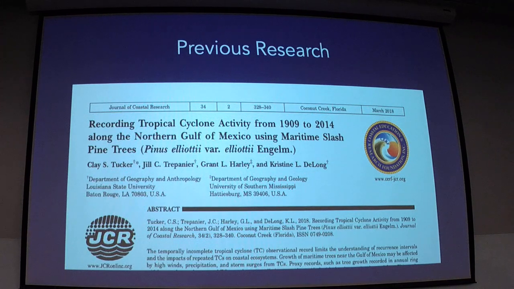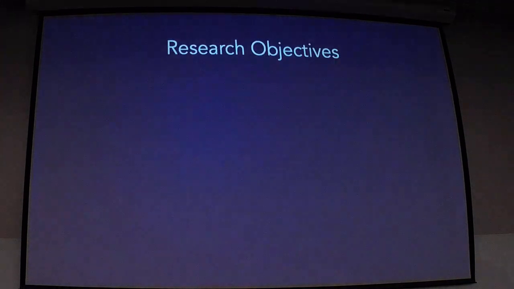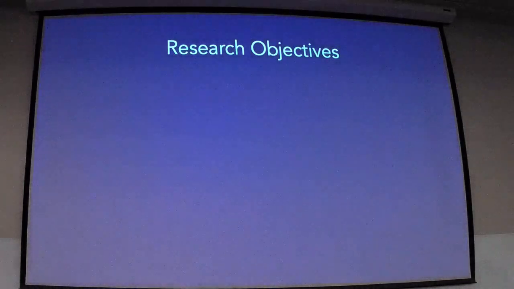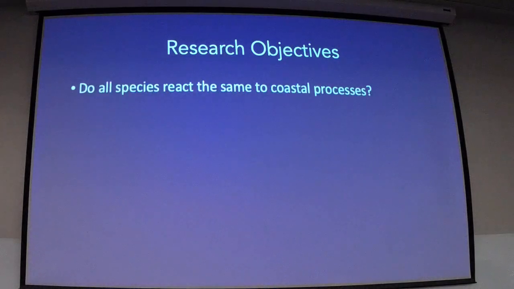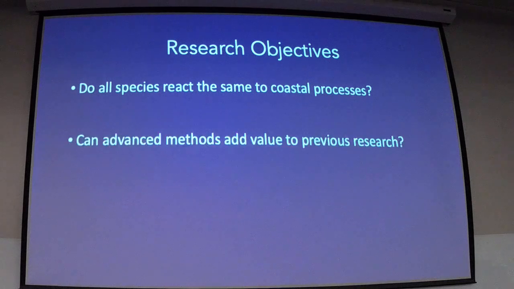From that research, we get some different research objectives for what we'll talk about today. The first being, can we reproduce these results in trees of a different species? Can we also use the trees that we've already looked at and produce some advanced methods to look further into those trees?